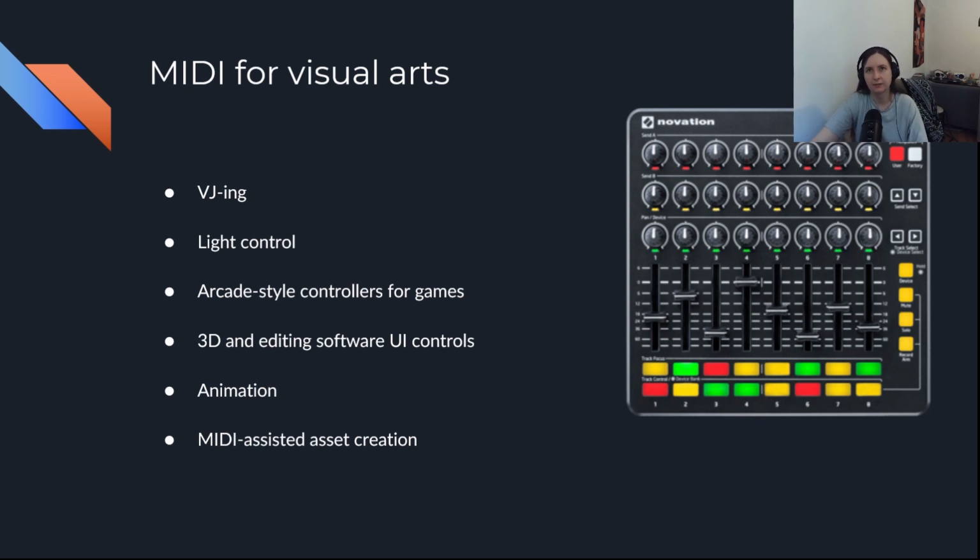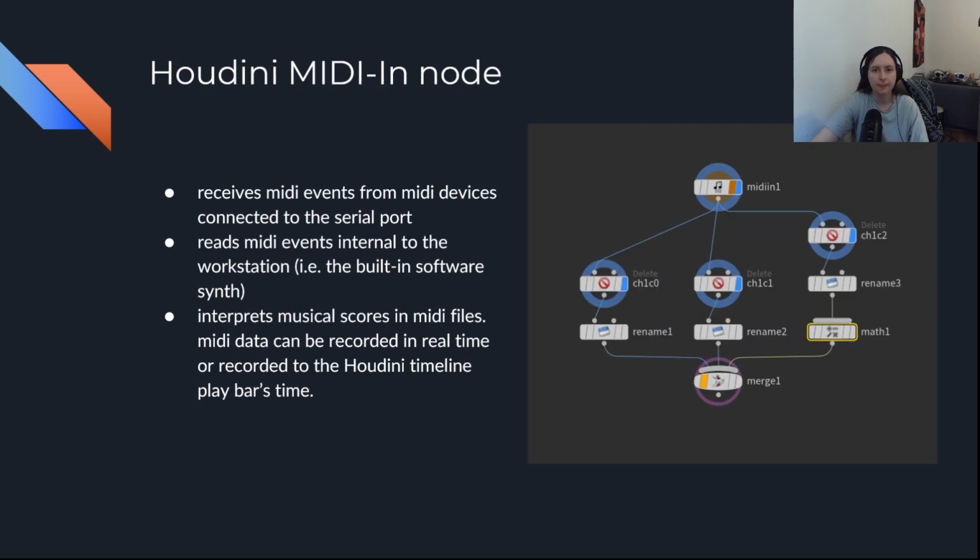I never researched that, but people told me it pretty much supports MIDI stuff. Here's a little bit of information about Houdini MIDI node if you want to start. Also remember, it can interpret musical scores in MIDI files and record data in real time, or do vice versa, so you can feed it data.